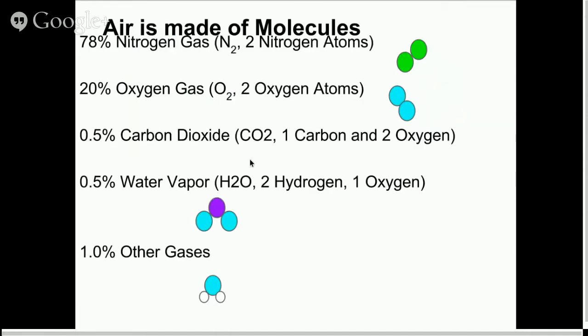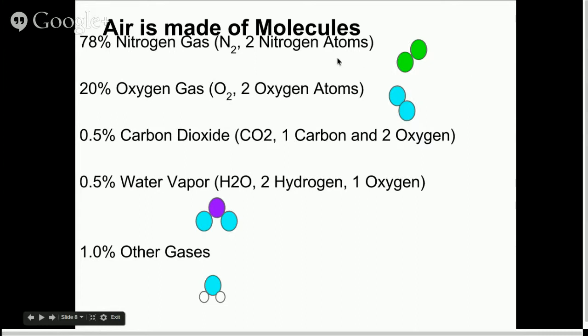And air is also made out of molecules. There are millions and billions of air molecules around you right now. So this is what air is made up of mostly. Now, you already know that we breathe in oxygen, but you may not know we breathe in mostly nitrogen. It doesn't really hurt us.